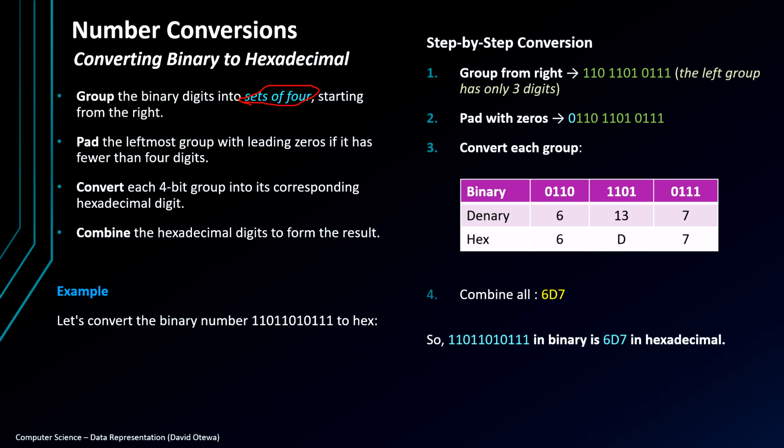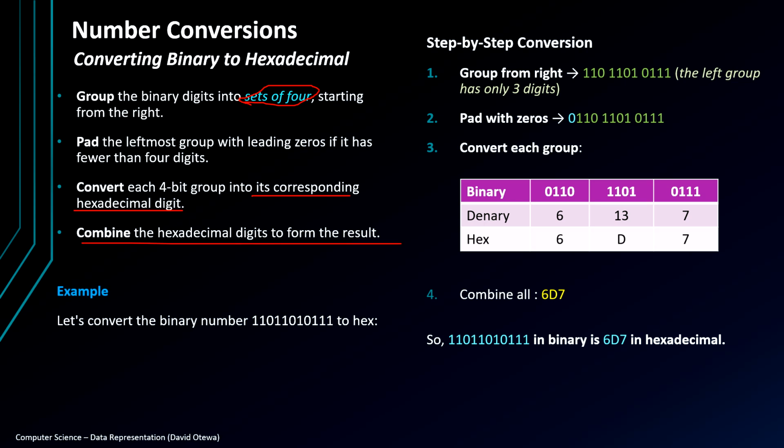Then pad the leftmost group with leading zeros if it has fewer than 4 digits. We practiced that in the last one, and we'll see how we practice it here. Then the third step is to convert each 4-bit group into its corresponding hexadecimal digit. The last one is to combine the hexadecimal digits to form the result.